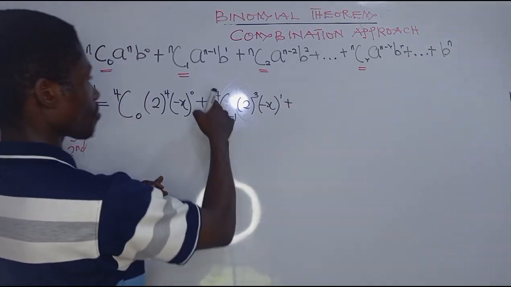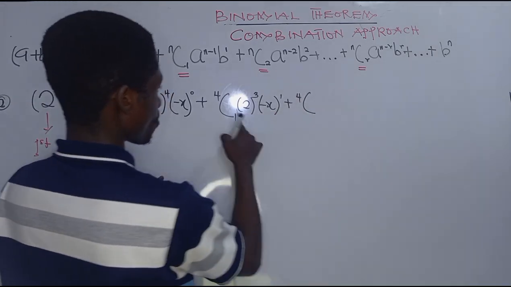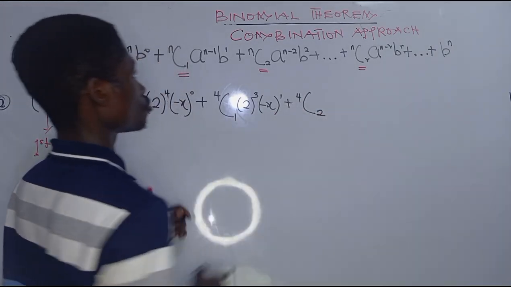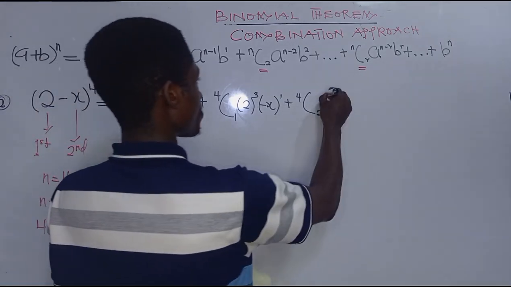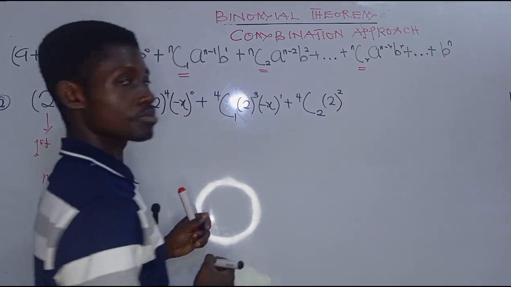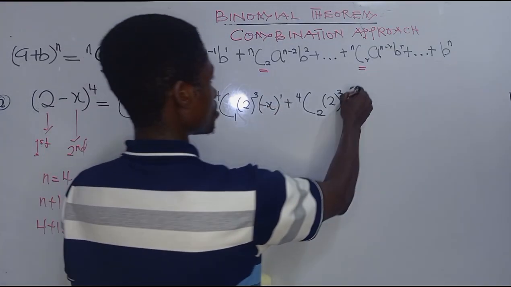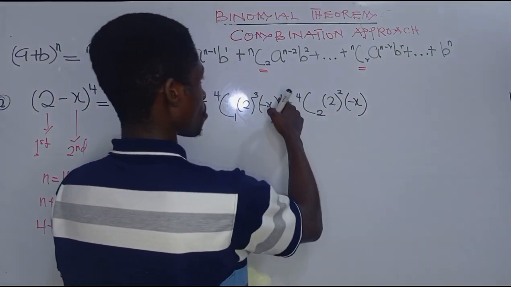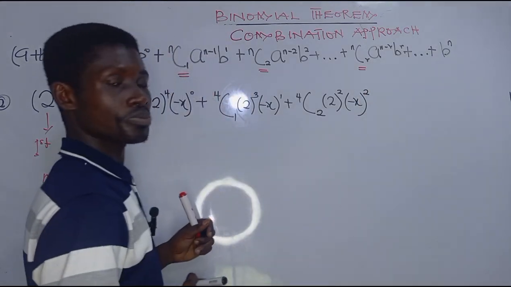Then we have 4 combination. From 1 we move towards 2. The power of the first term will decrease from 3 to 2, while the power of the second term will increase from 1 to 2.